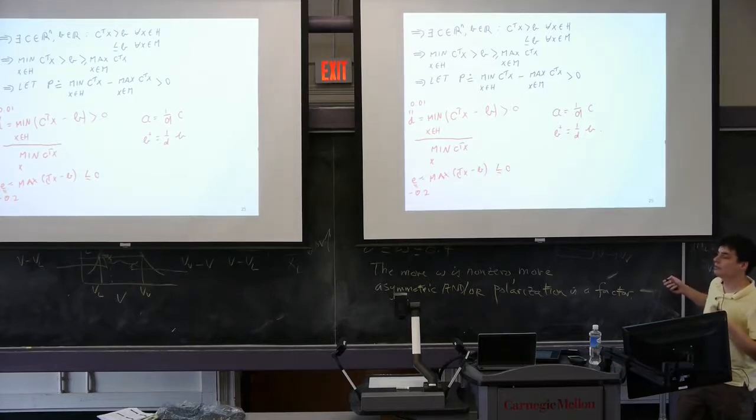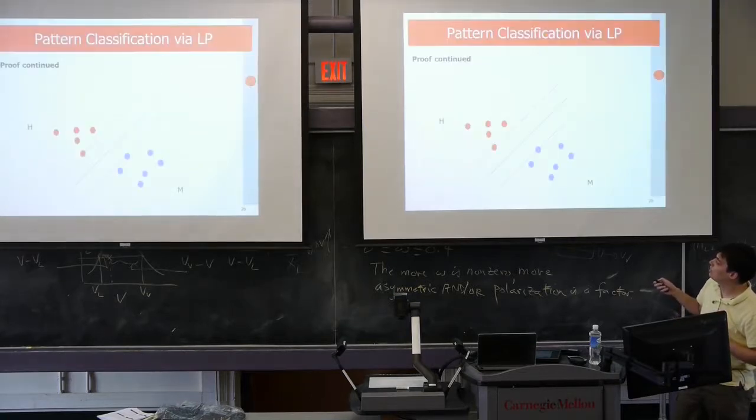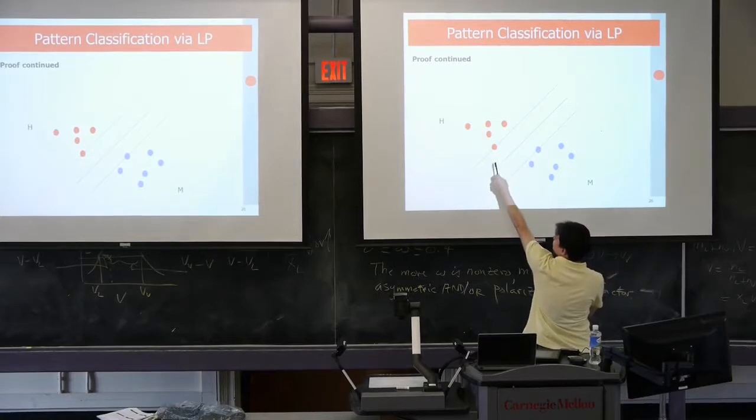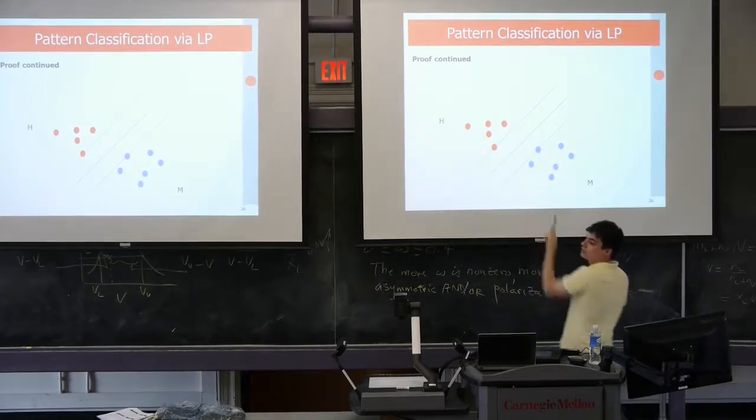Okay. And the other benefit of using this approach is that you can set up the margin exactly to that value that you want. In this case, there will be a point where A transpose X plus B is exactly 1, and a point where A transpose X plus B is exactly minus 1.